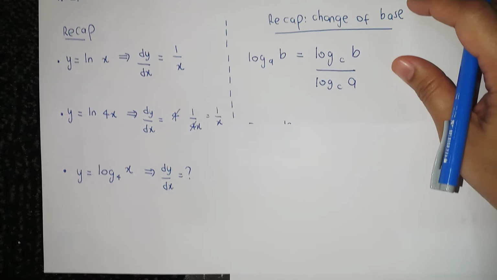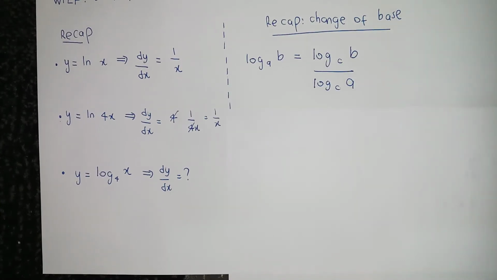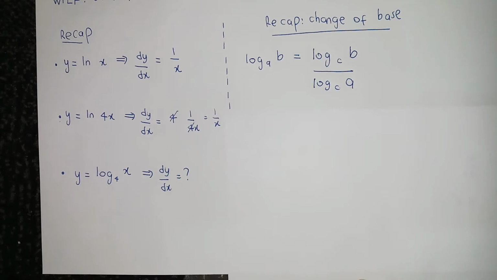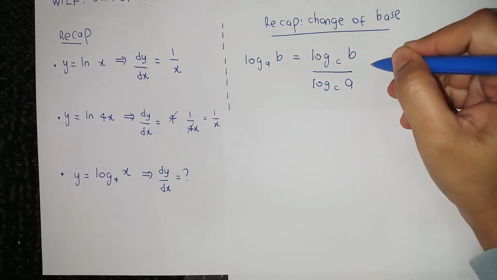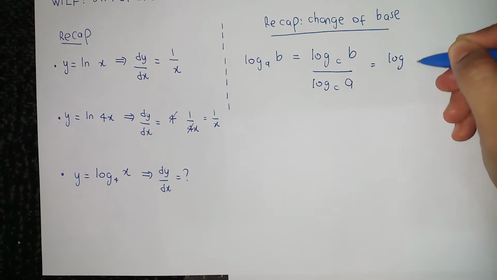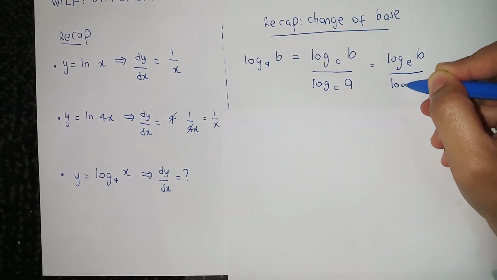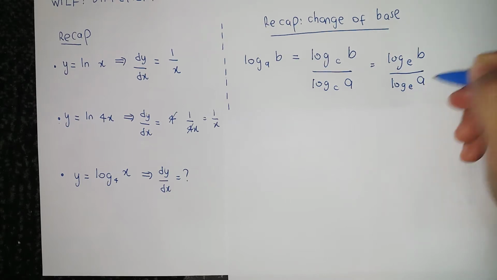Let's say I want to change to base e. Why do I need to change to base e? Because I want to make sure I have ln inside my equation, so that I can differentiate it with the previous knowledge that we have learned. If you want to change to base e, that is simply log_e b over log_e a.